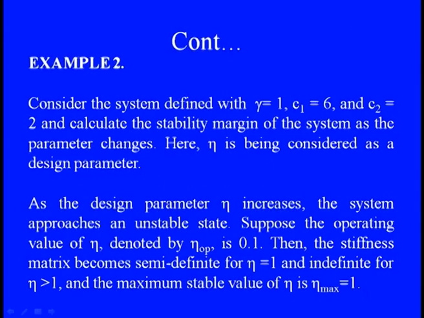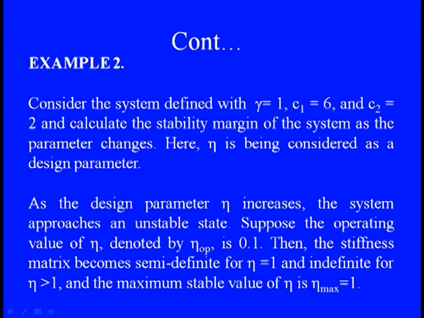Say our operating value of neta, the optimum, is 0.1. Then we go to the stiffness matrices, and we can find that the stiffness matrices are semi-definite for all neta up to 1, and they are indefinite when this design parameter is greater than 1.